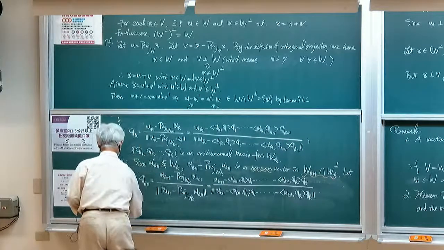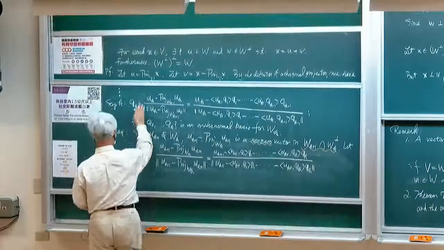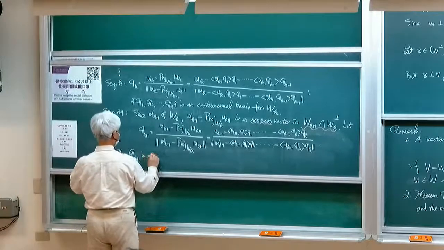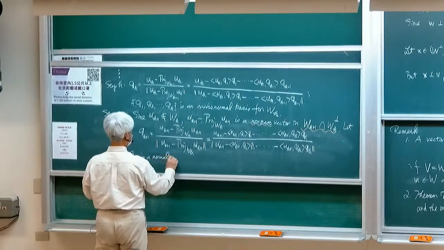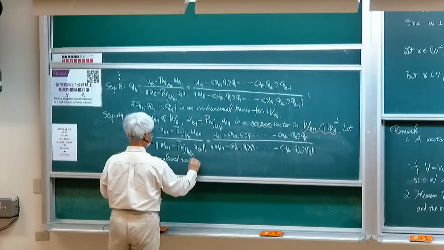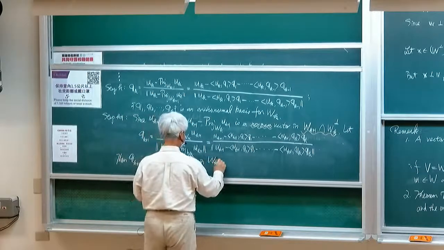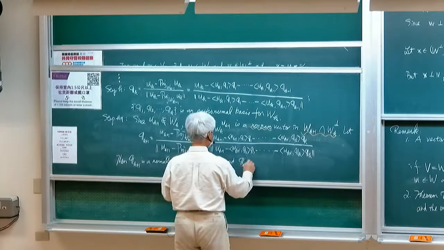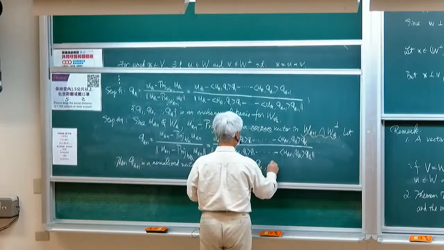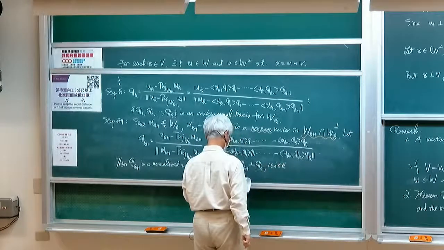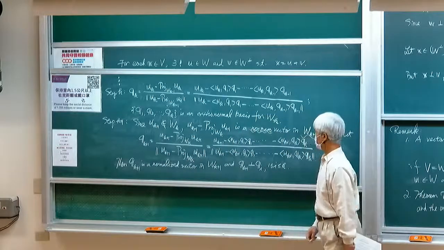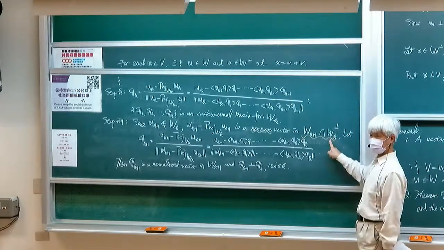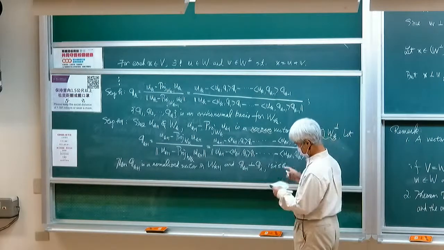All right, so then Q_{k+1} is a normalized vector in W_{k+1}, and Q_{k+1} is orthogonal to Qi for all i from 1 to k. Because Q_{k+1} is now in the perp of Wk, so they are orthogonal to them.